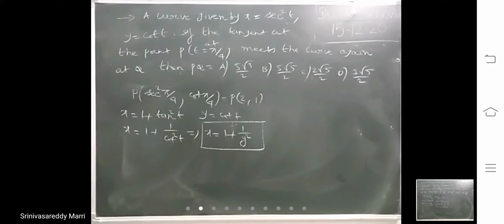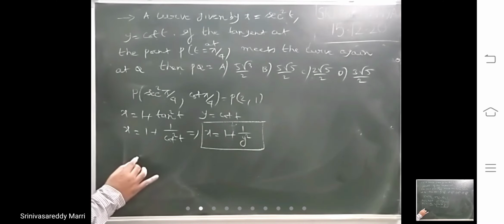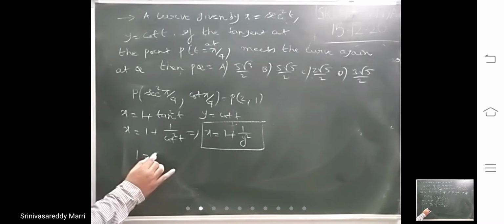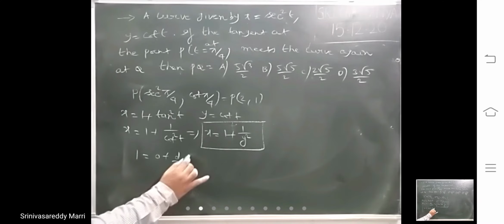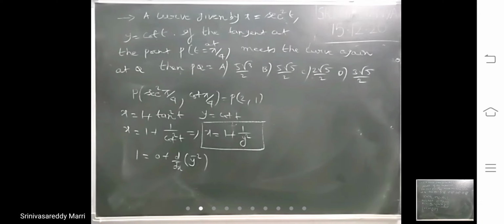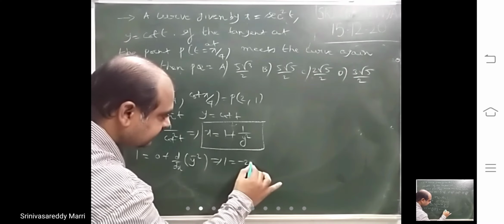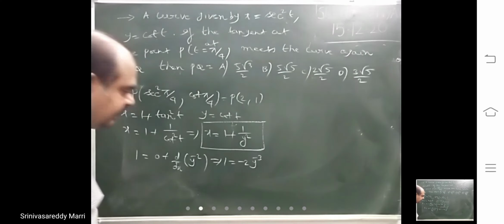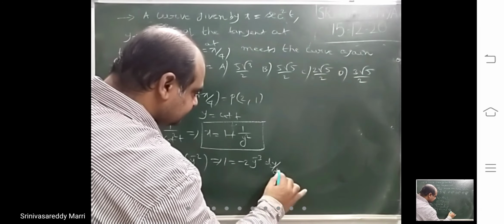Now I can find the equation of tangent. Derivative on both sides: 1 equals 0 plus d by dx of y power minus 2. That means 1 equals minus 2 into y power minus 3 into dy by dx.